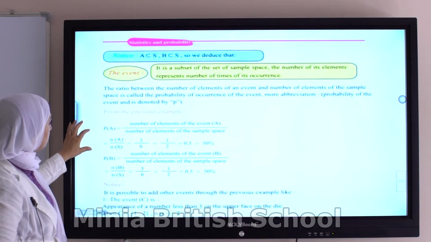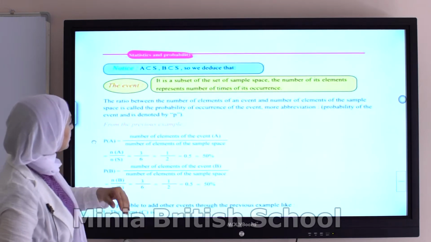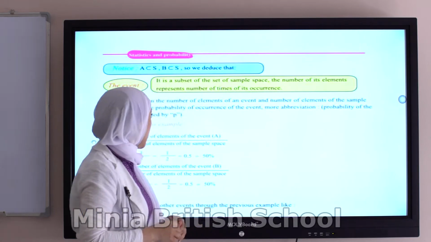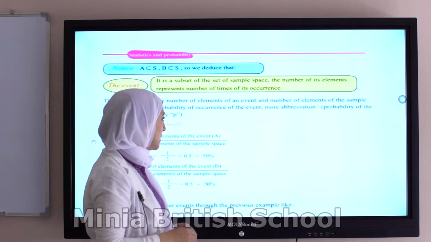Let's see here. The ratio between the number of elements of an event and the number of elements of the sample space is called the probability of occurrence of the event.